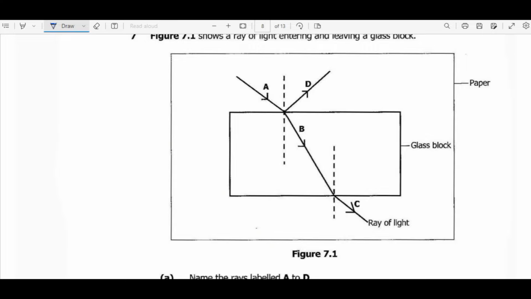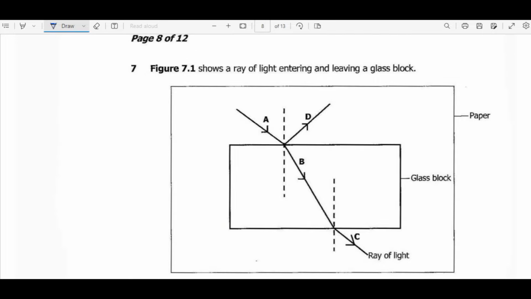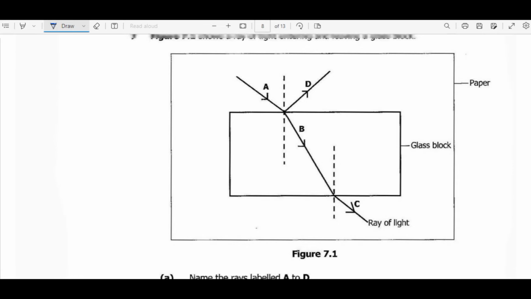Move on to question 7. Under question 7, figure 7.1 shows a ray of light entering and leaving a glass block. The first question, name the rays labeled A to D. Let's begin with A. A is the one striking the glass block, so this is our incident ray.